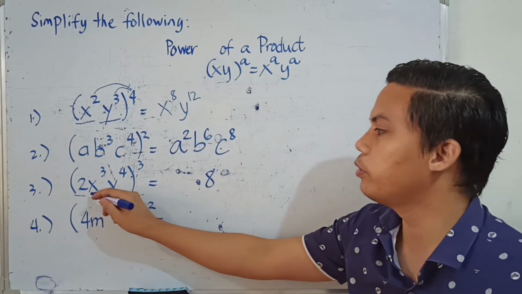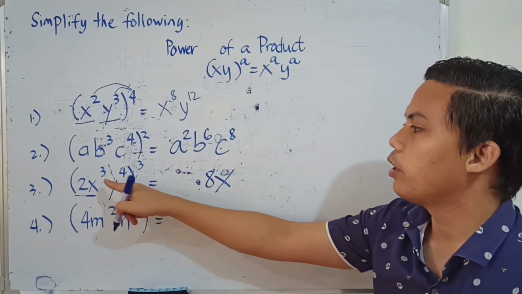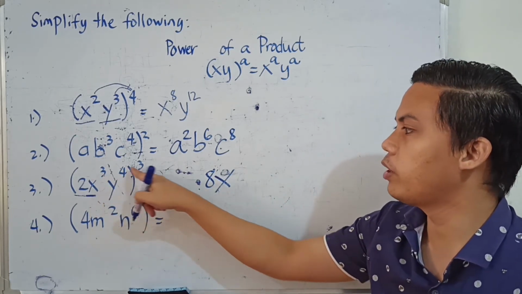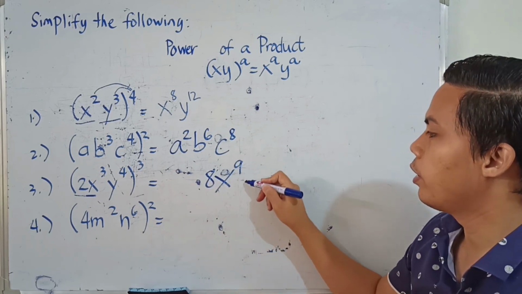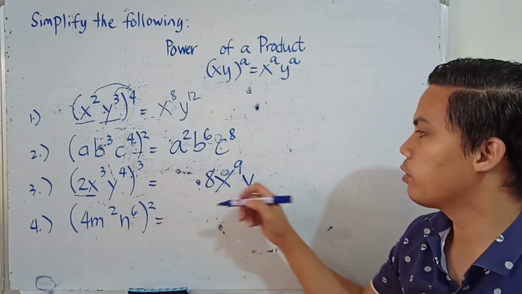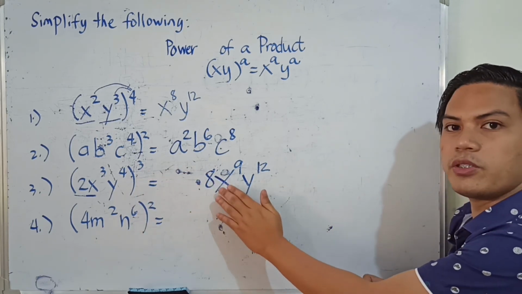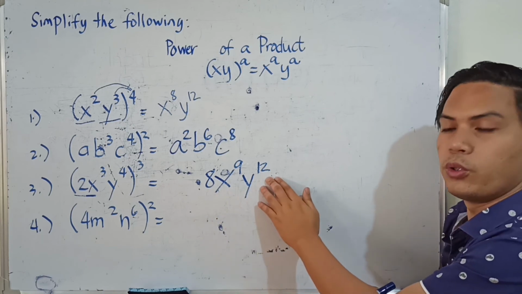And after that one, dun tayo sa mga variables. Copy natin yung x. Yung exponents nila would be 3 times 3, so you have 9. Next would be y. 4 times 3, so that is equal to 12. So the final answer is 8x raised to 9, y raised to 12.